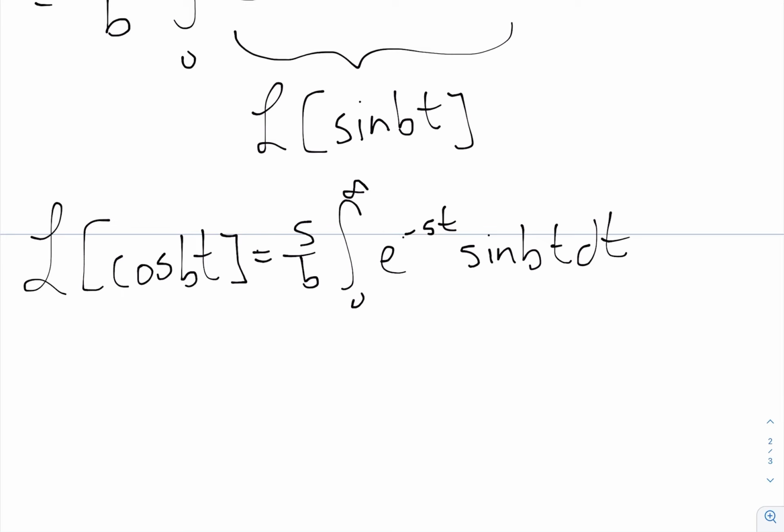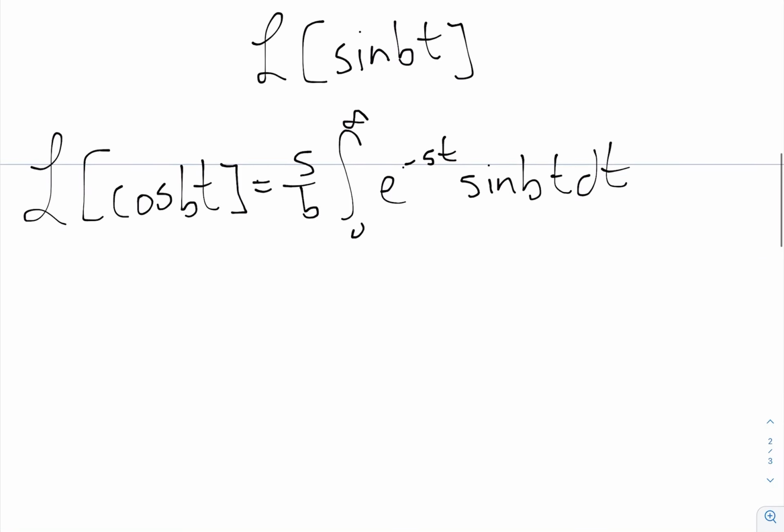And if we redid this process, I'll do it with you. I'll do s over b, because that's what's in front, and then we would just do integration by parts on this integral. So it would be negative 1 over b e to the negative infinity. I'm not going to write out all the steps, but I'll write out how we get it.